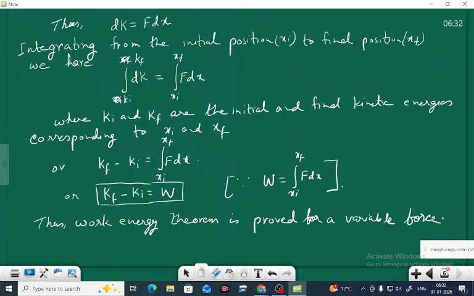Another observation is that Newton's second law for two or three dimensions is in vector form, whereas the work energy theorem is in scalar form. In the scalar form, information with respect to directions contained in Newton's second law is not present, right? So this is the concept of the work energy theorem.